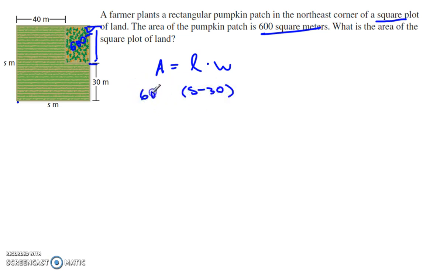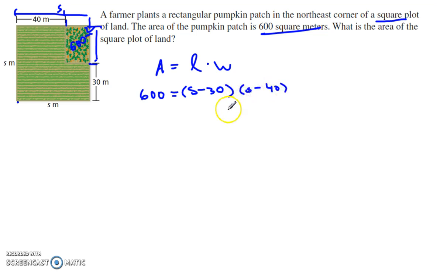The area is 600. And the width is this segment here. That's the whole length, S, minus the 40 right here. So we have S minus 40.